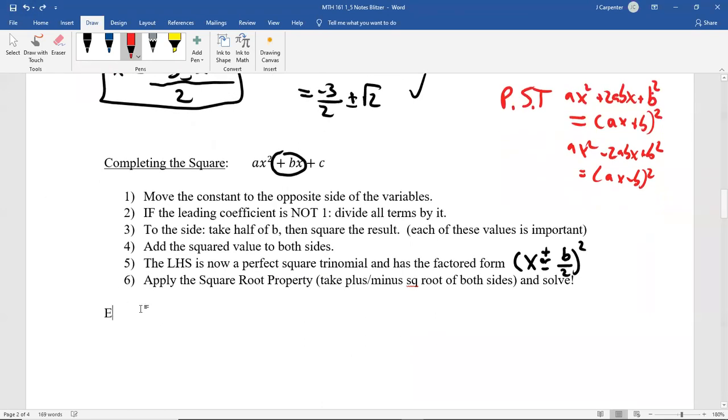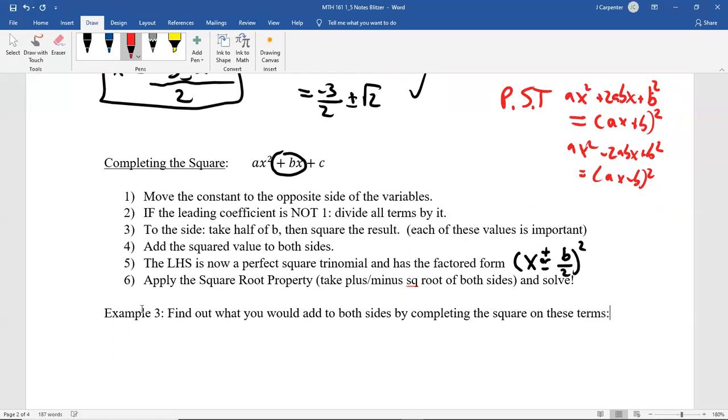We are not going to do all of this at once. Example, what are we up to? 3. Find out what you would add to both sides by completing the square on these terms. So this is kind of an interesting example in that my pen has died.